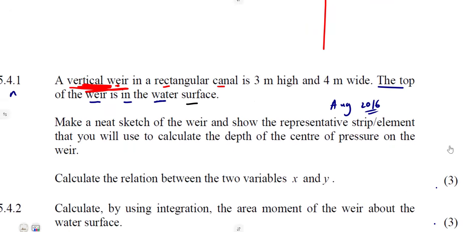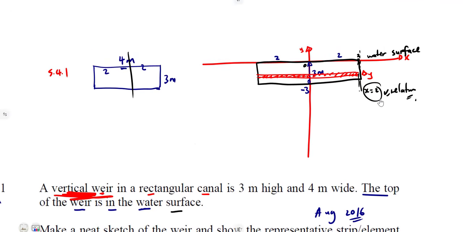When they say calculate the relation between the two variables x and y, our relationship in this case is just x is equal to 2. There is no y there. It's a vertical line formed. X is equal to the number that is there. I think we are done for this one.